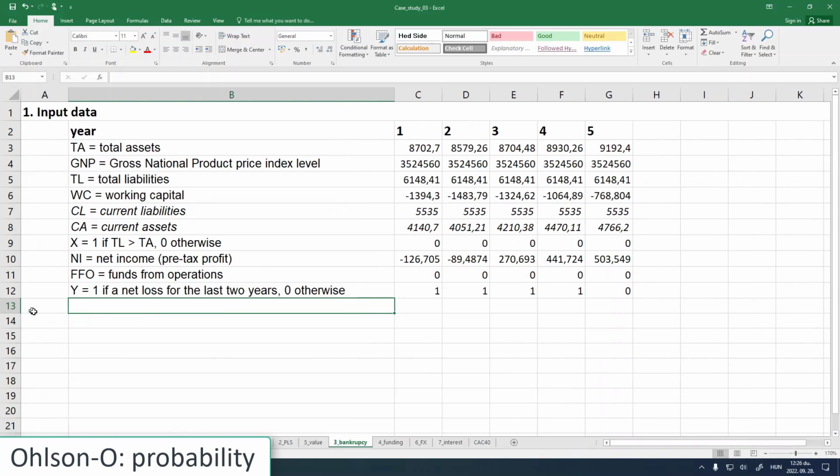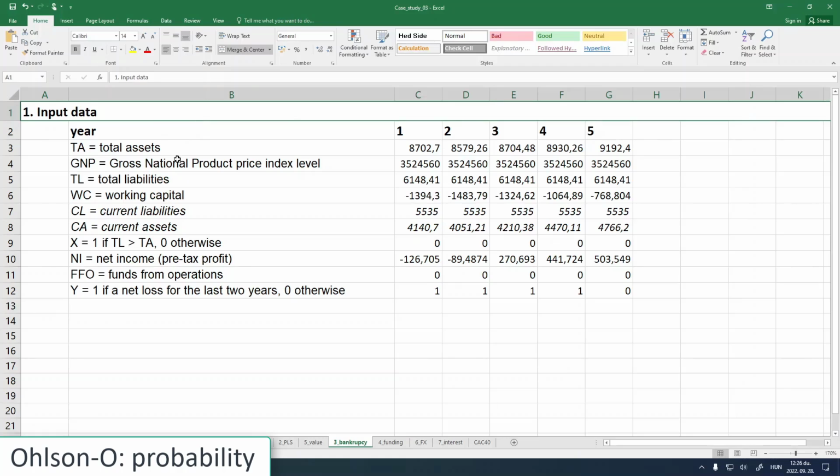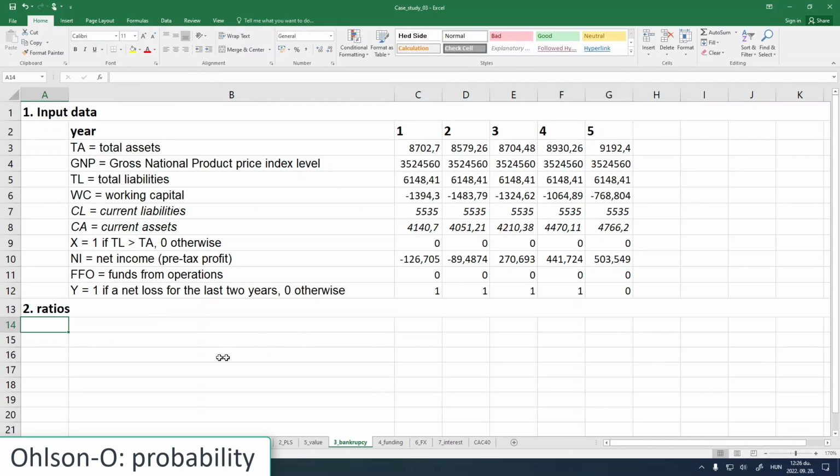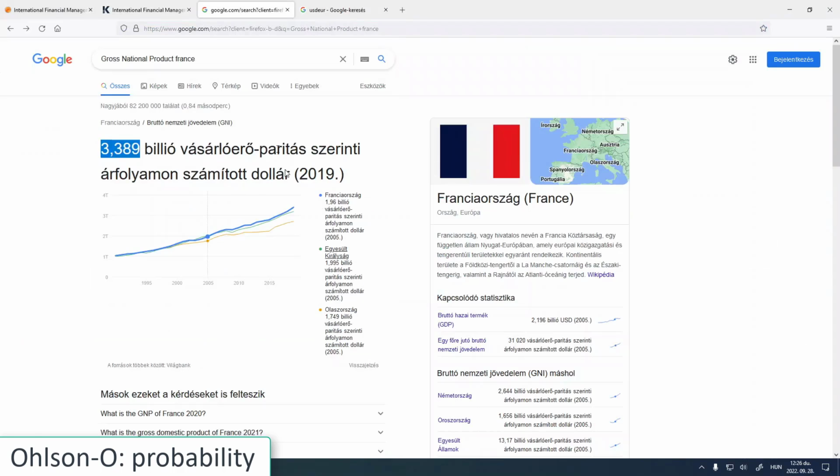Good. Then we can calculate the ratios. So second point, ratios. So what do we need here?